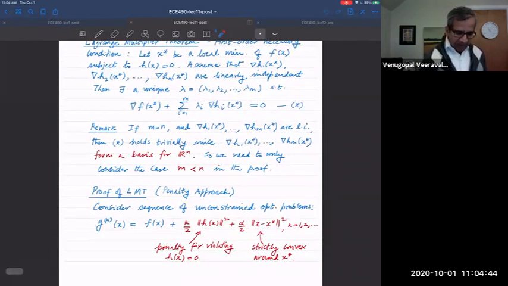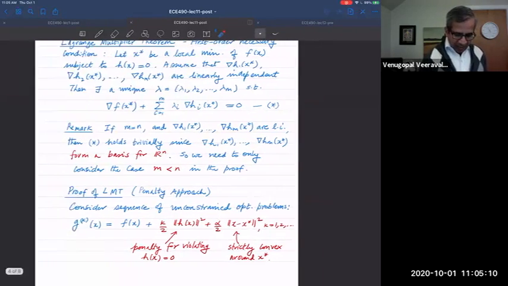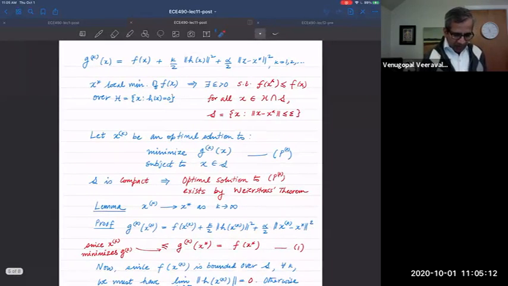And the key behind the proof was the construction of this sequence of unconstrained optimization problems that we then relate to the solution to the constrained optimization problem that we were interested in. Basically, in the penalty approach, you add some things to the function and look at this sequence of functions g_k, and we actually went through two steps here.